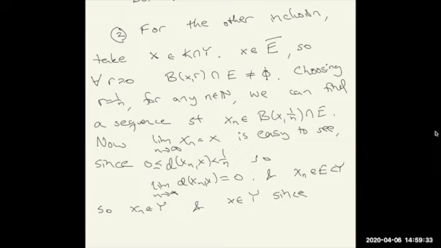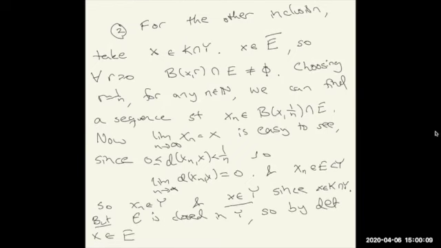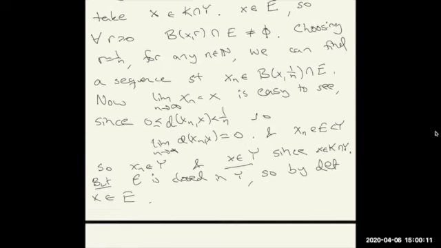since x belongs to K intersected with Y. So now we have a sequence of points in E that converges to a point in Y, but E is closed in Y. So by definition, x also belongs to E, but this is exactly what we wanted to conclude.